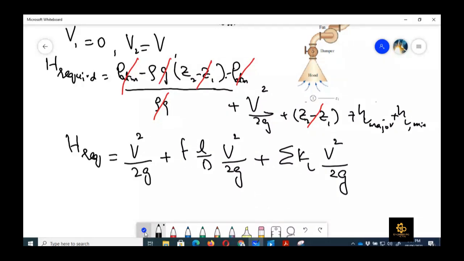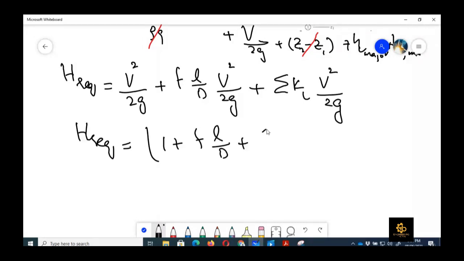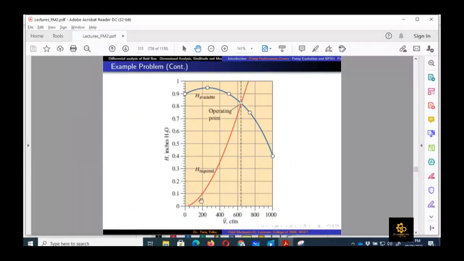So if we take V square upon 2D common, then we can just write it as 1 plus FL upon D plus KL, times V square upon 2D. Now we need to do calculation at some volume flow rate. As I explained here, in order to construct this line, we need to do calculation at different volume flow rates.